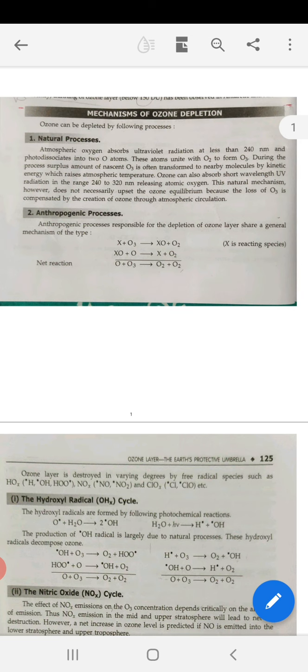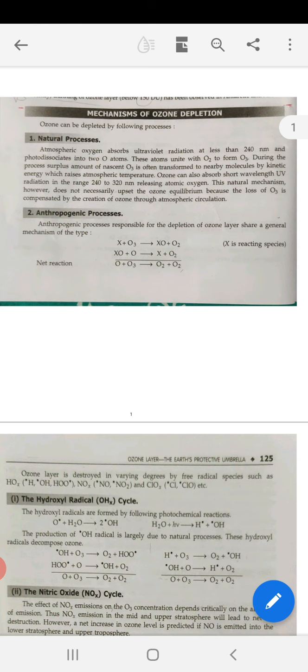Ozone can also absorb short wavelength ultraviolet radiations in the range of 240 to 320 nanometer, releasing atomic oxygen. This natural mechanism, however, does not necessarily upset the ozone equilibrium, because the loss of ozone is compensated by the creation of ozone through atmospheric circulation.